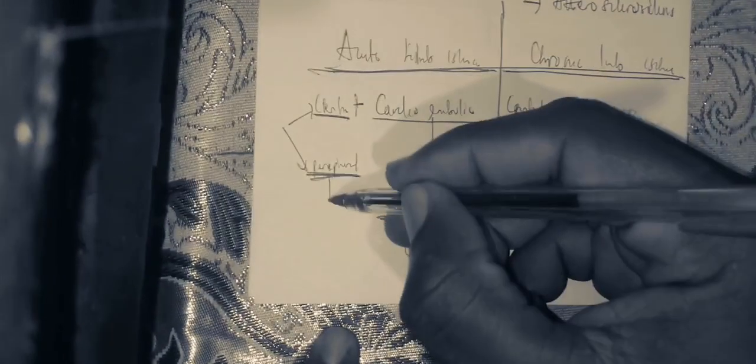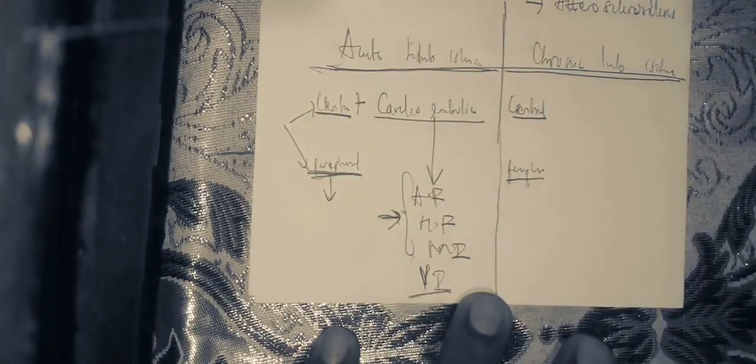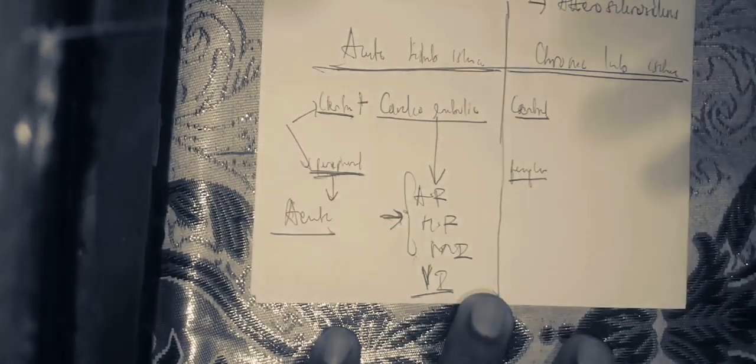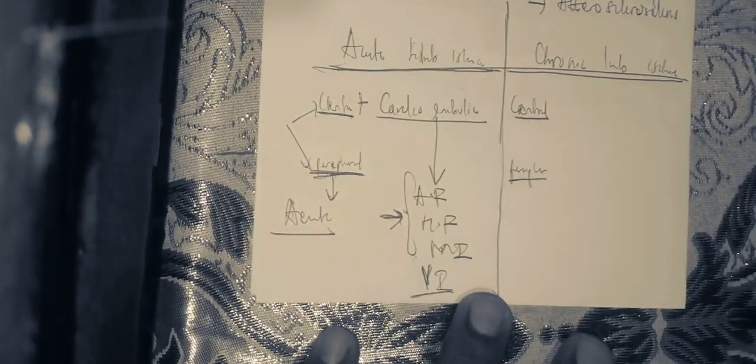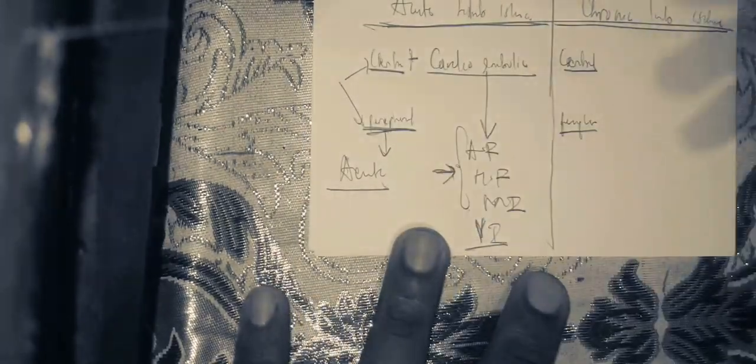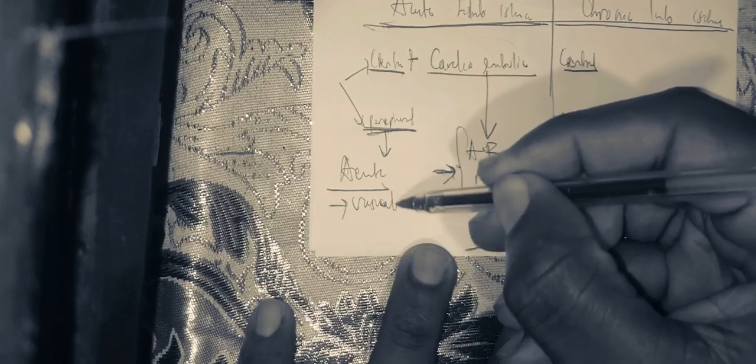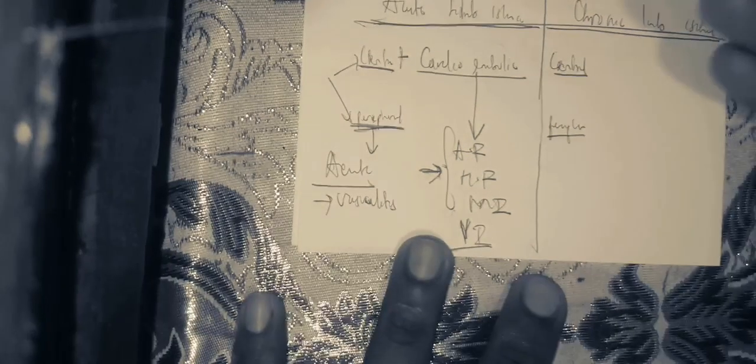Now for the peripheral causes of acute limb ischemia, we need to know that it is generally an acute on chronic event of ischemia. What do I mean by that? Or you can just have an acute event, like a case of vasculitis. Is it clear? Vasculitis can result in acute limb ischemia.